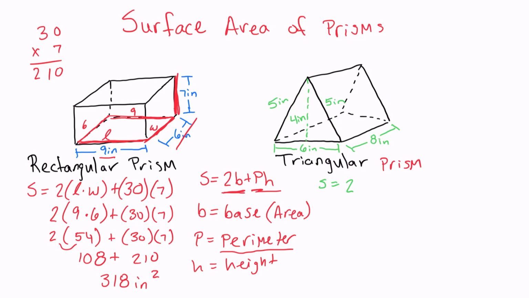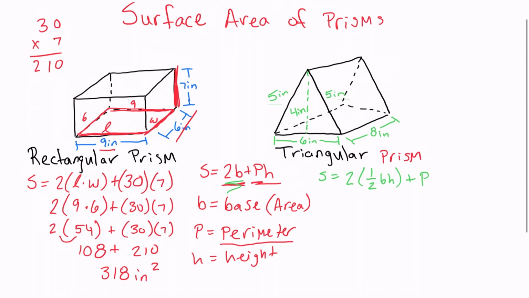The area of a triangle is found by 1/2 base times height. So we have now covered the 2b portion of our equation. Let's move on to plus our perimeter, which is going to be the perimeter of our triangle here, and then times our height. So let's go ahead and plug in our values.